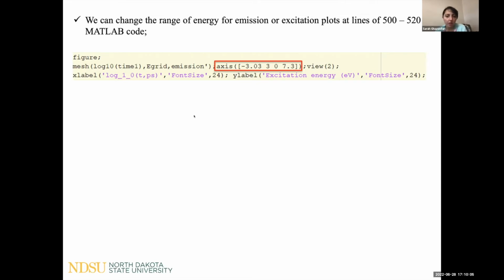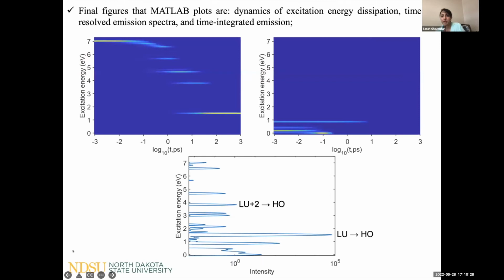In this case, for the x-axis we want a minimum of minus 3.03 and a maximum of 3 electron volts, and for the y-axis we want the range from 0 to 7.3 electron volts. So I'm done. Thank you.